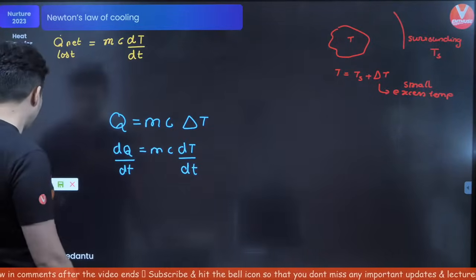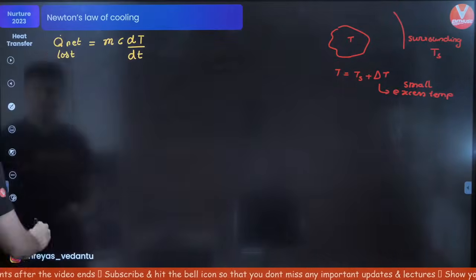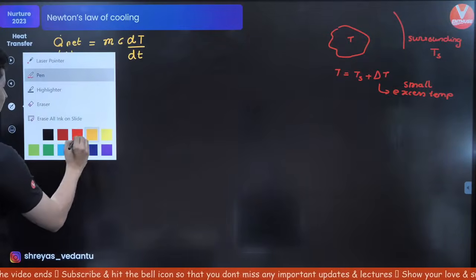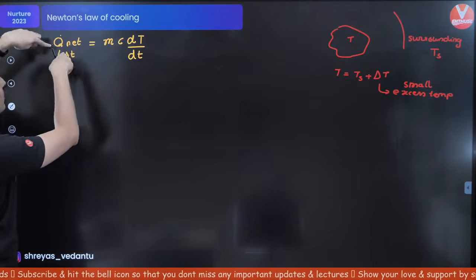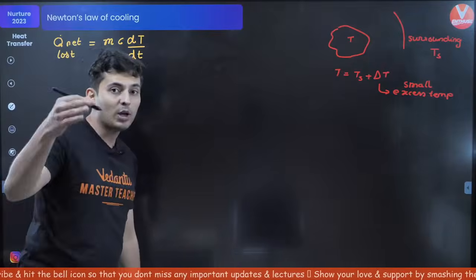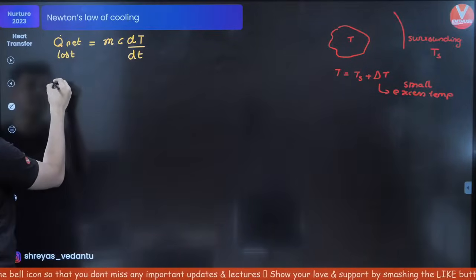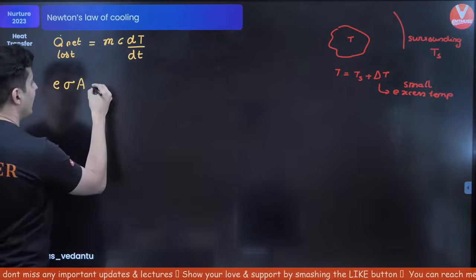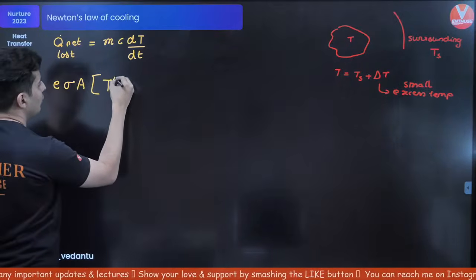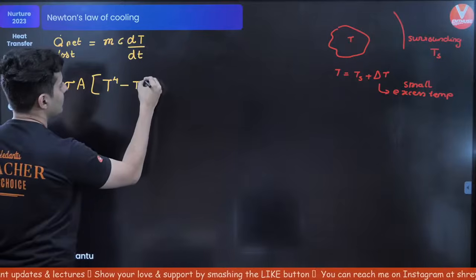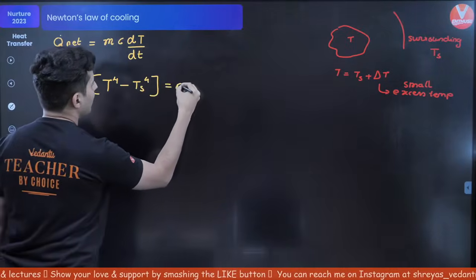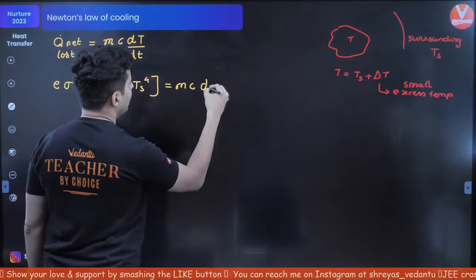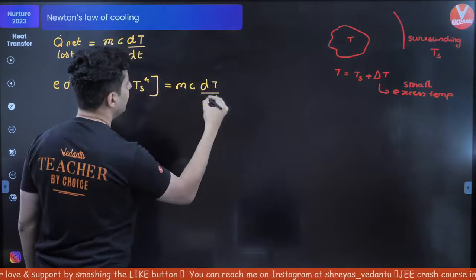Perfecto? Great. Now, when you put in the value of Q net from your Prevost theory, which was nothing but E sigma A, and then you will have T raised to 4 minus Ts raised to 4 is equal to mc dT by dt.